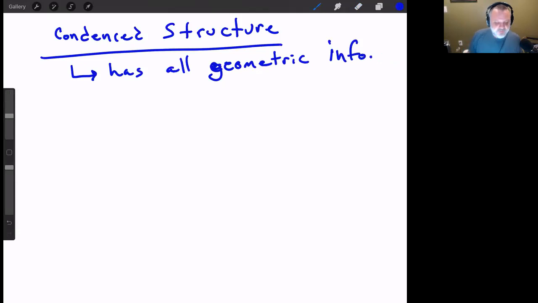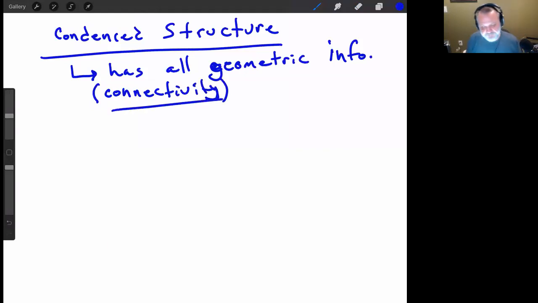What that means is that the condensed structure is a way to look at the molecule without having to write down every single bond, but still contain all the geometric info. Specifically, it means the connectivity. So we want to look at the condensed structure and how it conveys connectivity without drawing all the different bonds out.